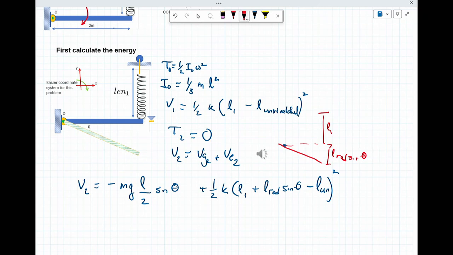So I'm just adding those two parts up so that I go from the initial point, which was the L1, and then when I add it all up, it'll work out. Now the L unstretched is right here. That's the only difference. Everything is good. So the datum here is clear.